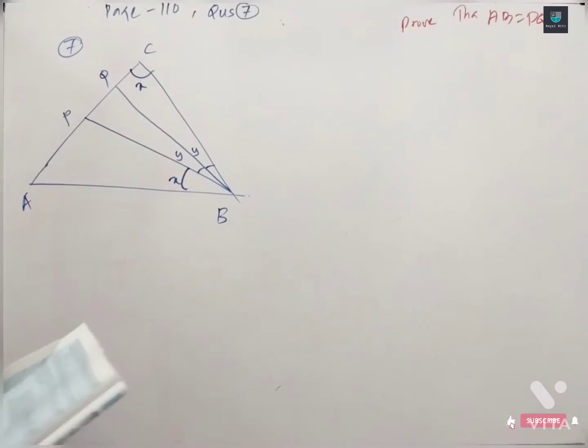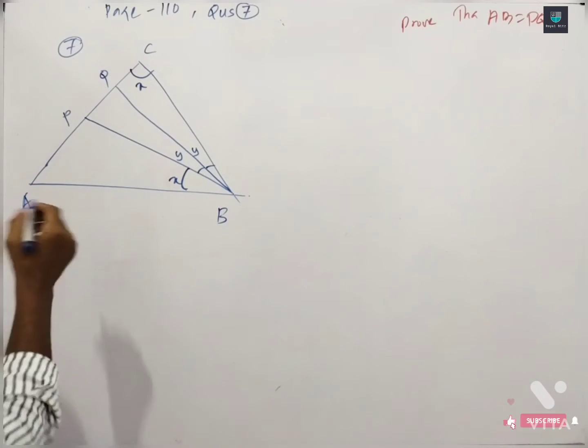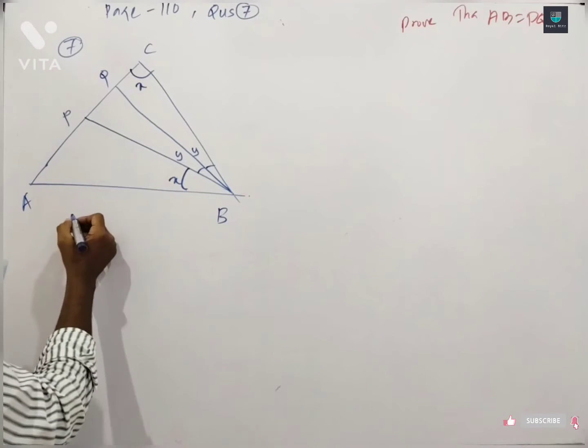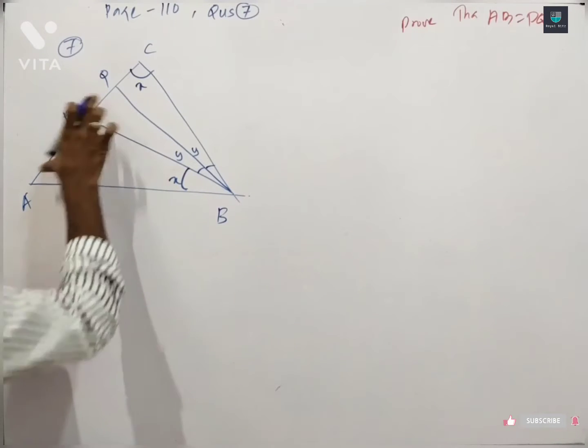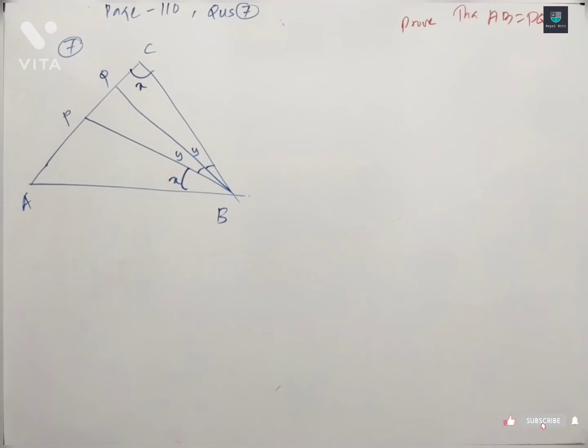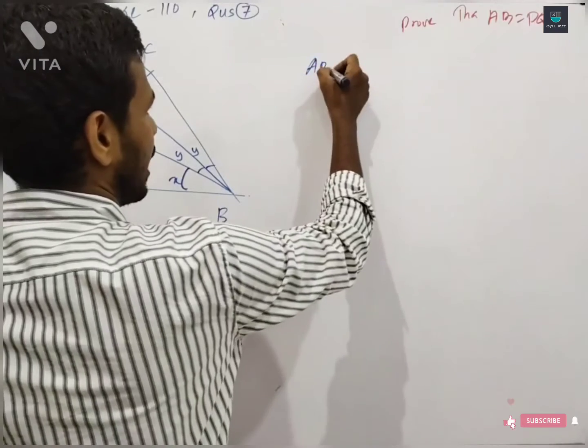Okay, so now we have to prove AB is equal to AQ. Where is AB? This is AB, this is equal to AQ. So AB is equal to AQ, and the proof is fundamental.